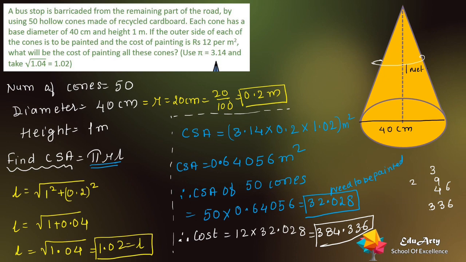Now since I don't have place to write, I'm going to write the answer here on the top. So then what can we say? Cost of painting 50 cones is equal to rupees 384.34 approximately.